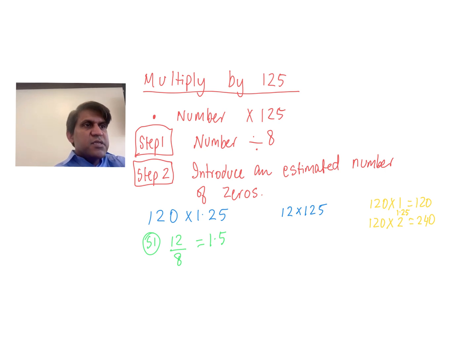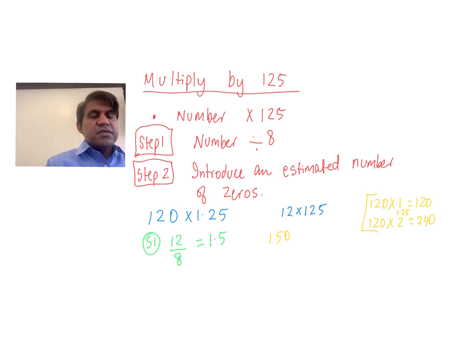We've already figured out that if I multiply 120 by 1, I get 120, and if I multiply it by 2, I get 240. But right now it's 1.25. So my final answer would be 150.